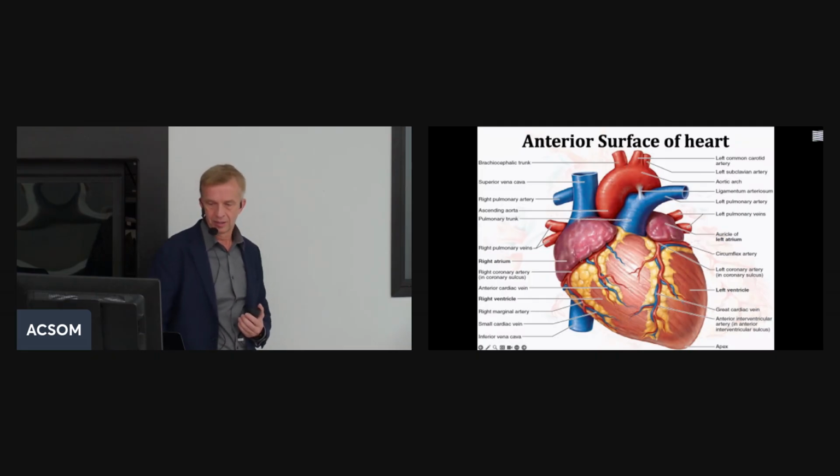And then there is a superior vena cava and inferior vena cava that carry the blood to the right atrium. And this is the auricle of the right atrium, and this is the auricle or appendage of the left atrium.